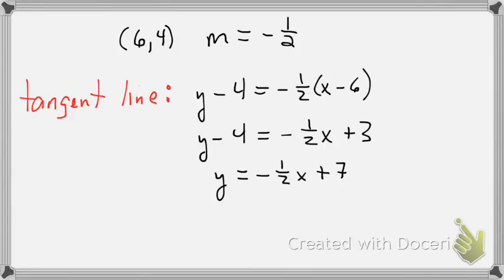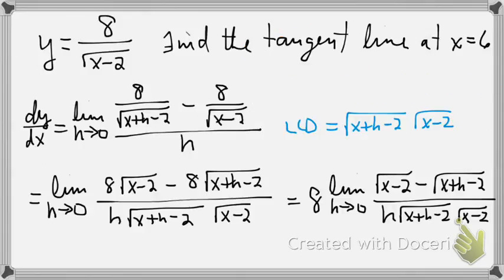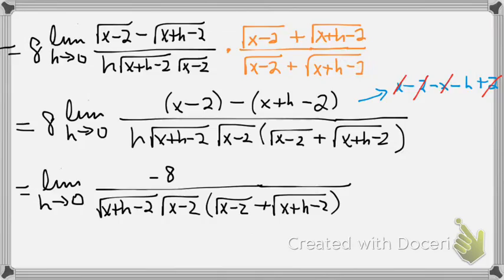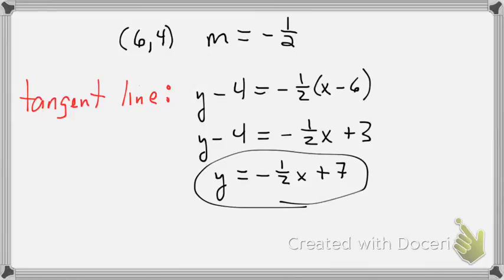All right. So what have we done? We had an original function, y equals 8 over the square root of x minus 2, which was not pretty. But I have made the line that is going to graze our function at the point (6, 4) at that instant, parallel. All right? This is the tangent line at that point. Feel accomplished.